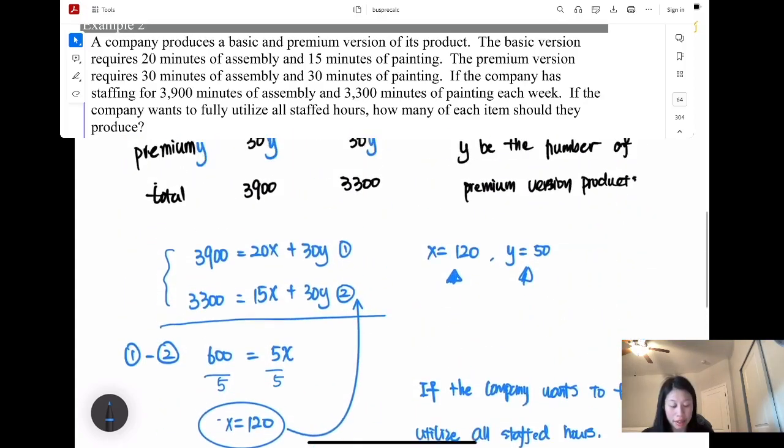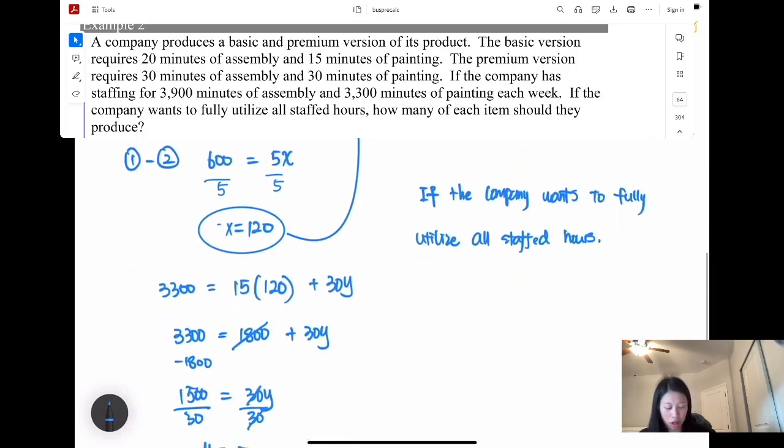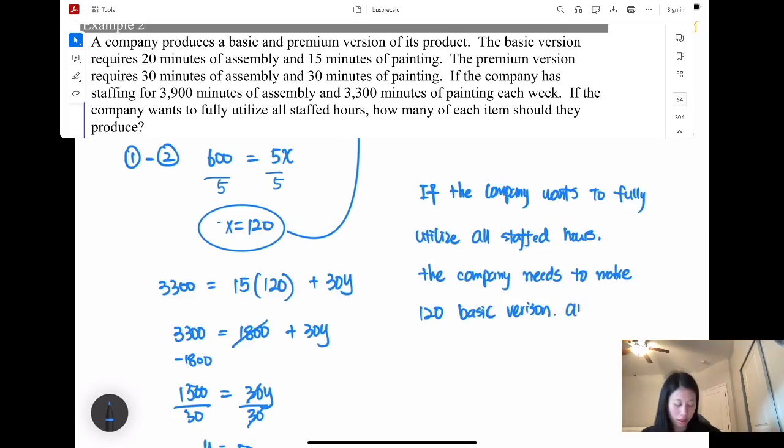Remember when we set up, x is the number of the basic version product. So that means the company needs to make or produce 120 basic version of the product and 50 premium version of the product.